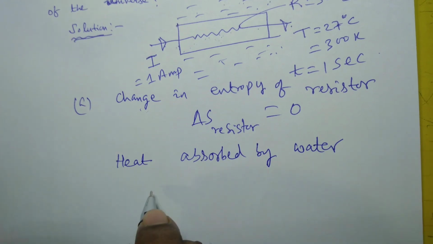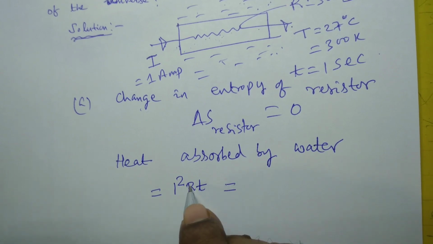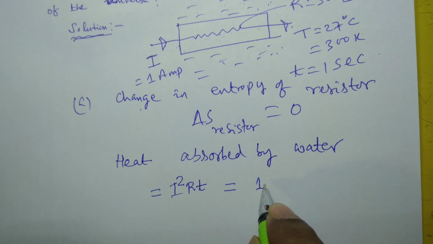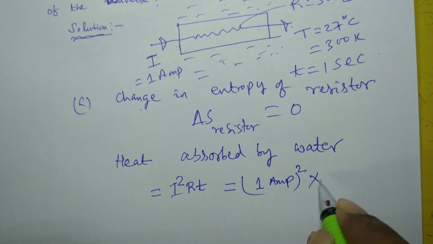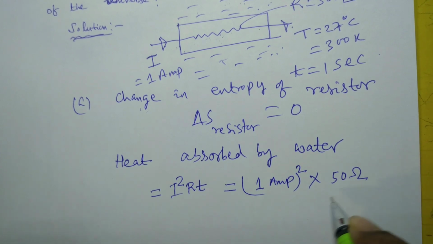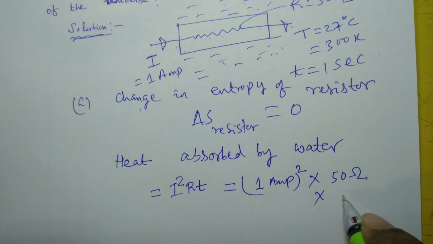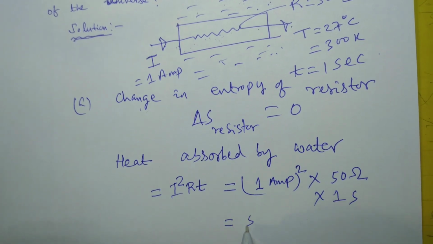So heat absorbed by water is I square R multiplied by t, where t is the time. The current is 1 ampere, so 1 ampere squared multiplied by resistance 50 ohm multiplied by time 1 second, and so this is 50 joule.